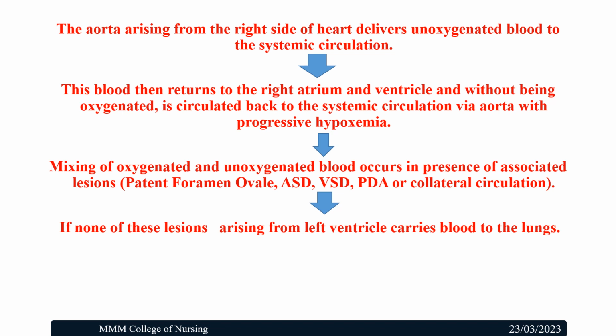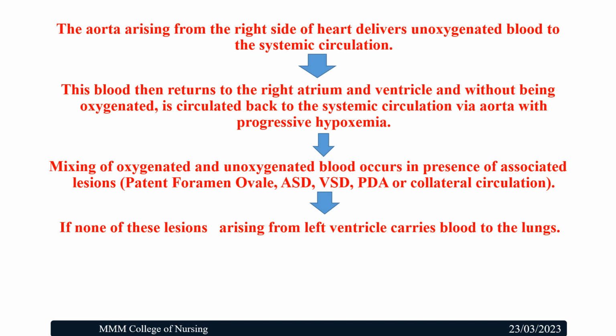I repeat, the aorta arising from the right side of the heart delivers unoxygenated blood to the entire systemic circulation. This blood then returns to the right atrium and ventricle and, without being oxygenated, is circulated back to the systemic circulation via the aorta with progressive hypoxemia.